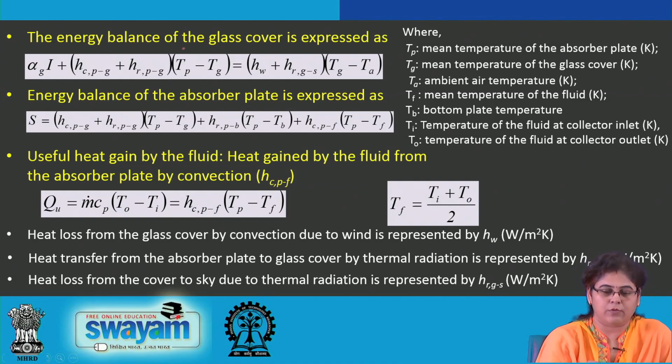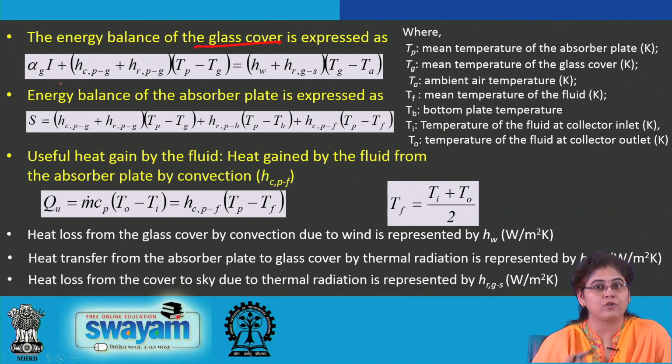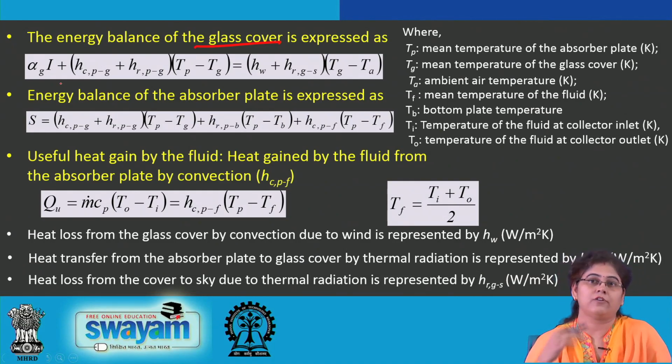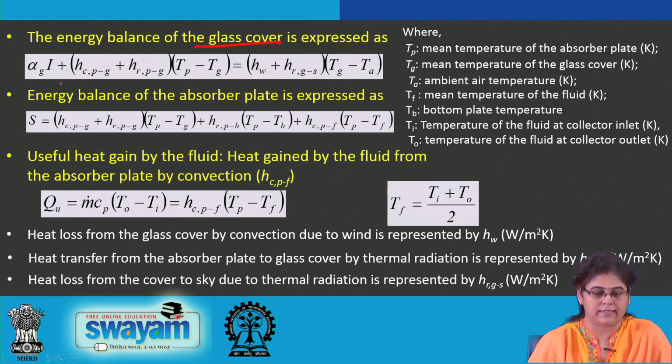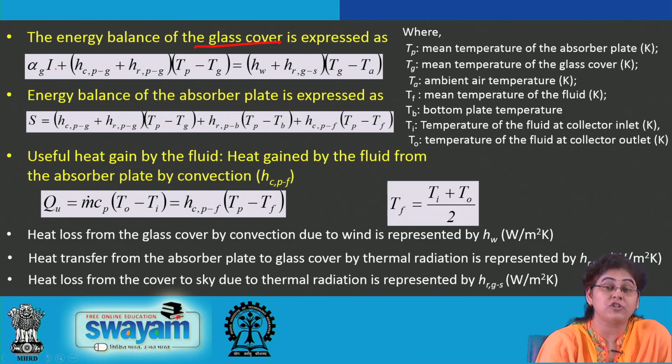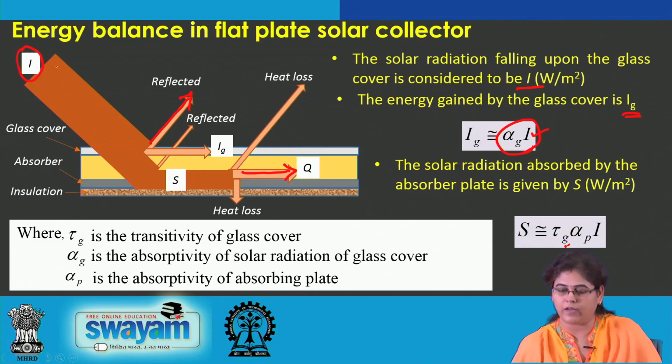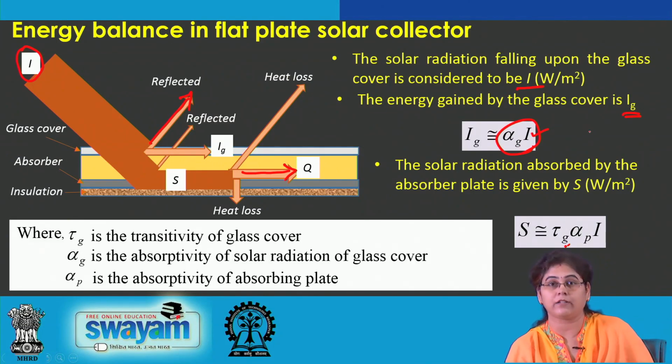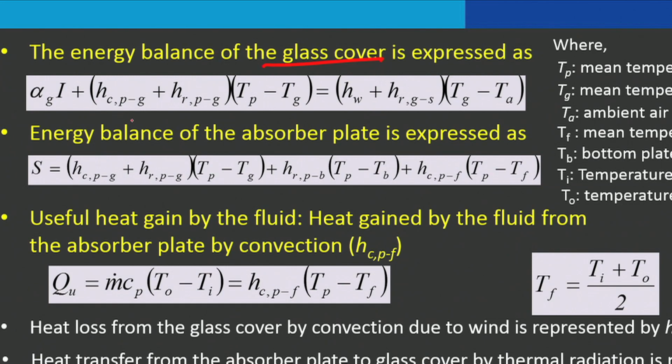The energy balance equation for the glass cover is expressed as the energy absorbed by the glass cover, that means energy gained by the glass, and the energy lost through the glass. So, it is expressed as alpha g into I, which we have already mentioned as the energy gained by the glass cover, plus HCPG plus HRPG.